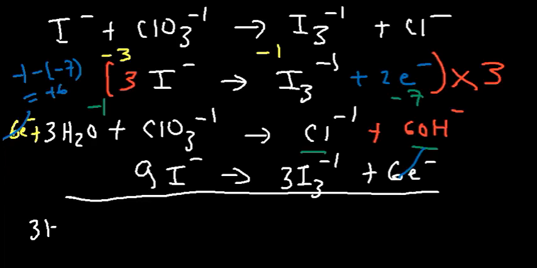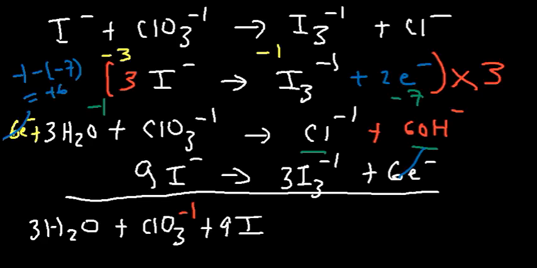So we have 3 H2O plus 1 chlorate ion and 9 iodide ions. One chloride, three triiodide ions, and that is it. No wait, 6 hydroxide, almost forgot that one.